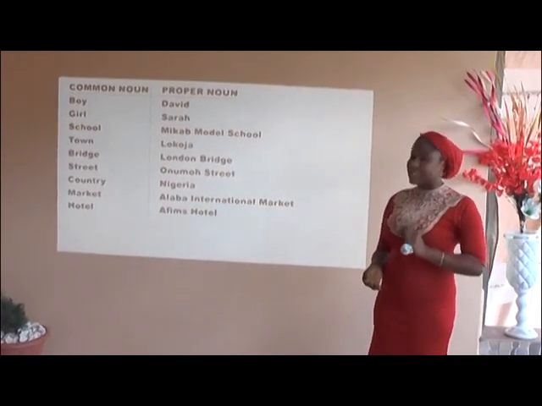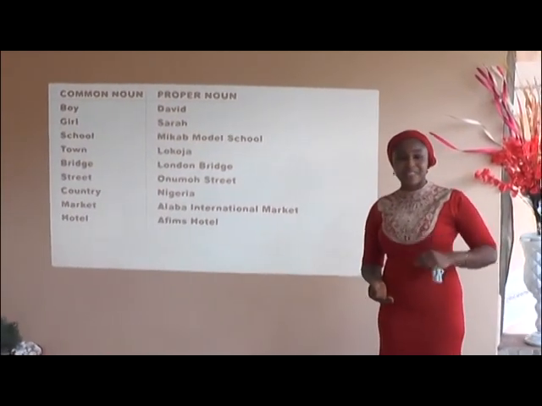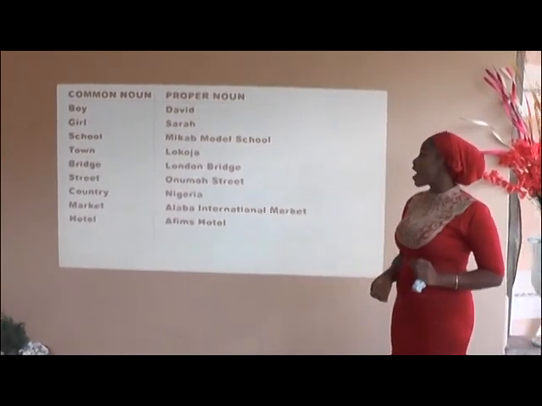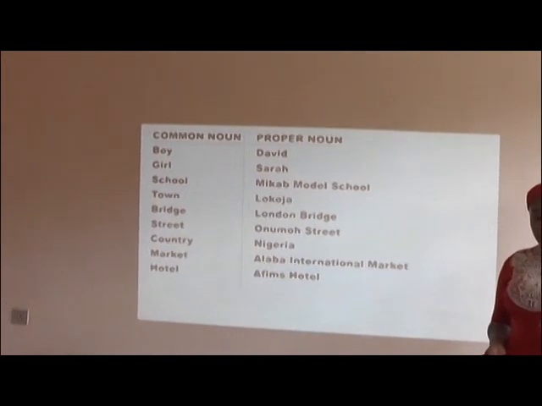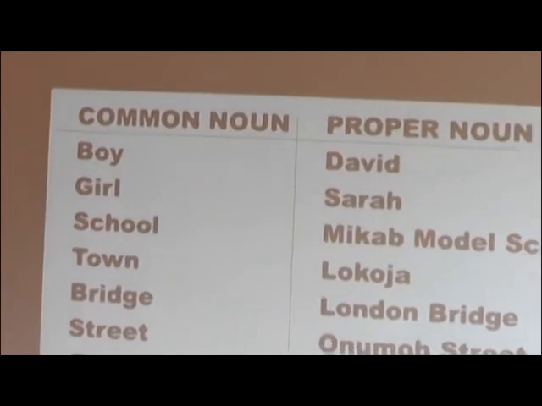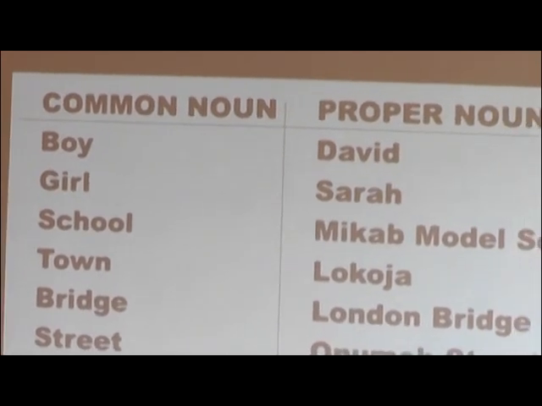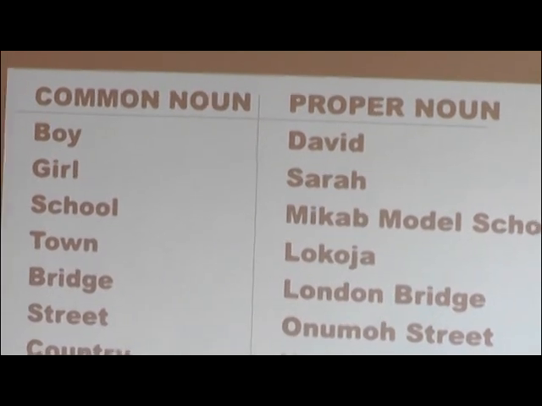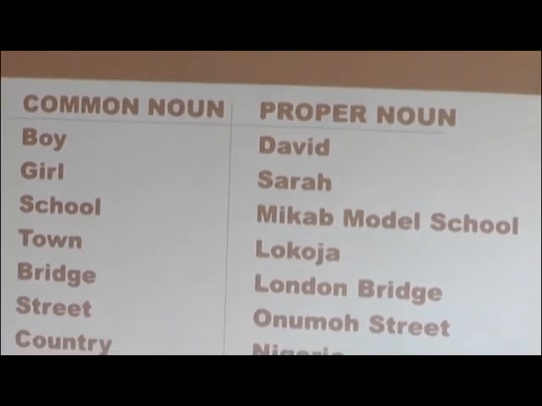What is it? It is a boy. What is its name? His name is who? David. Then we have girl there. The girl is a general name, and we have Sarah as a specific name given to that girl. School. We all know that we have many schools around us, and it is a general name.